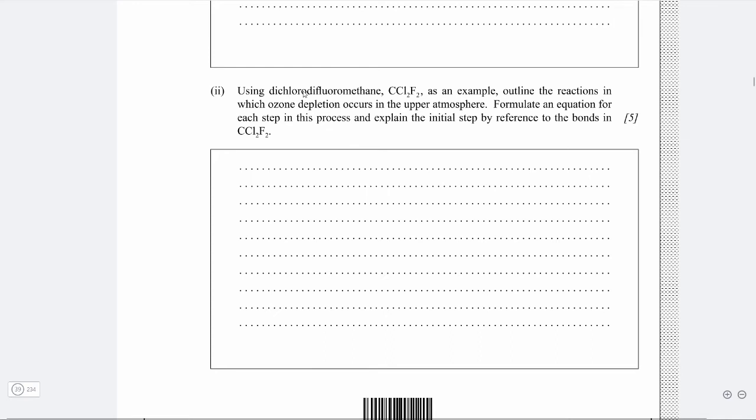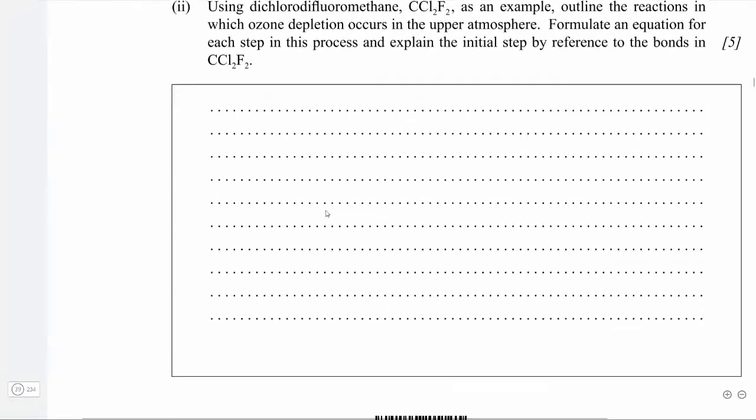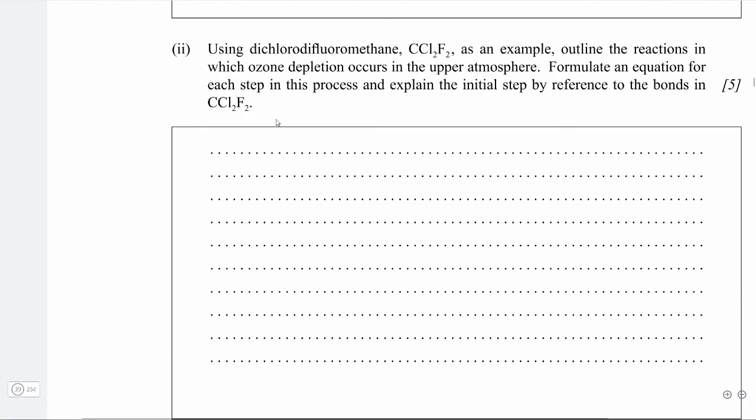Okay, using dichloromethane as an example, outline the reactions in which ozone depletion occurs in the upper atmosphere. So it's a 5-mark question. So you have to write 5 equations, and they're all radical reactions. And what you want is a free radical from the first reaction.